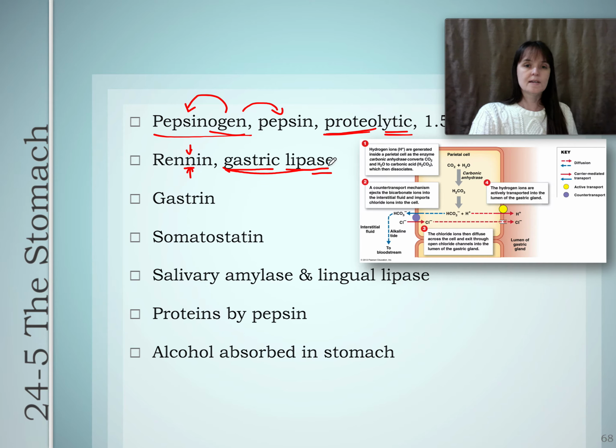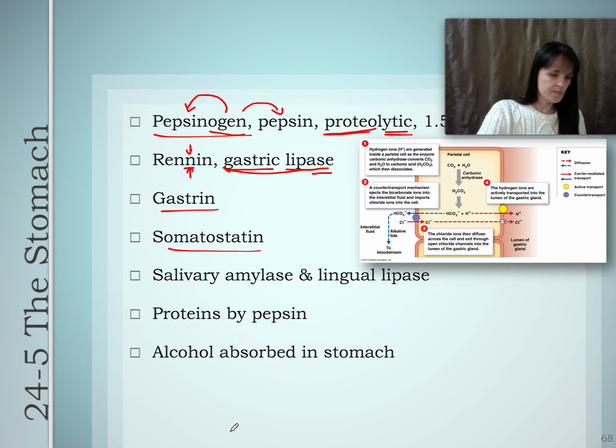And then the lipases digest fats. The amylase digests carbs. G cells produce gastrin. And gastrin functions to stimulate gastric churning. So it makes your tummy churn. And the D cells produce somatostatin, which inhibits gastrin.